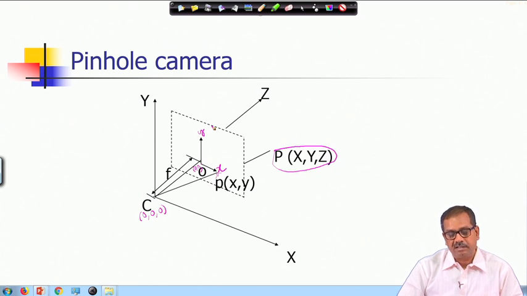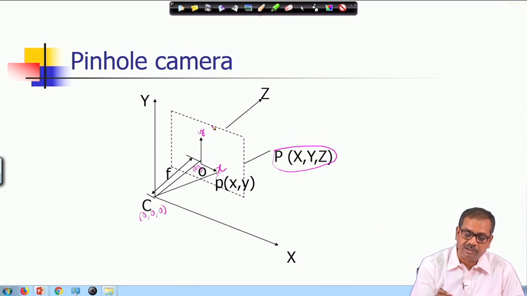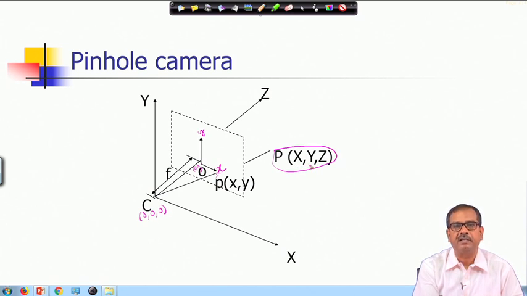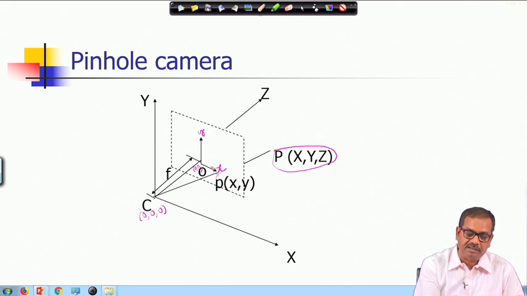With this convention, it is very easy to compute the coordinates x and y from the three-dimensional coordinates, which are represented here by capital X, Y, Z. We can apply the law of similar triangles. We assume this plane is at a distance f, because f is the focal length of the camera.